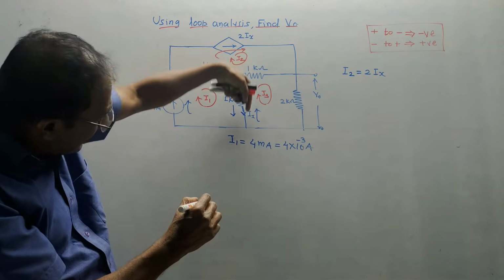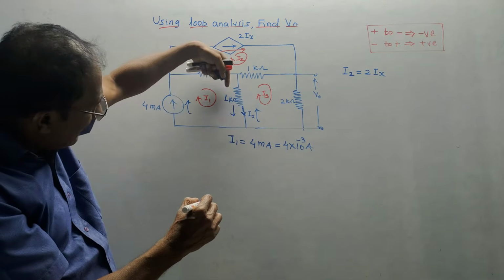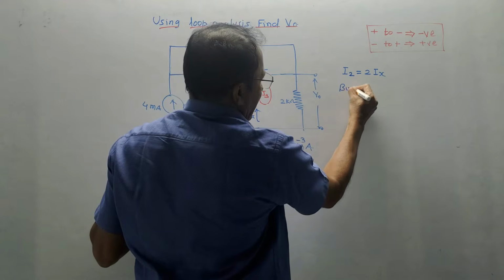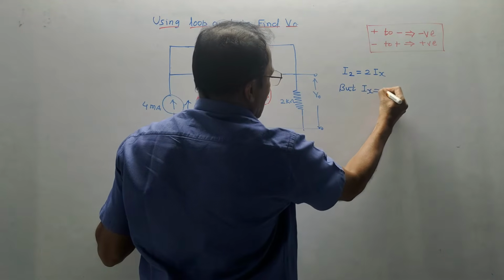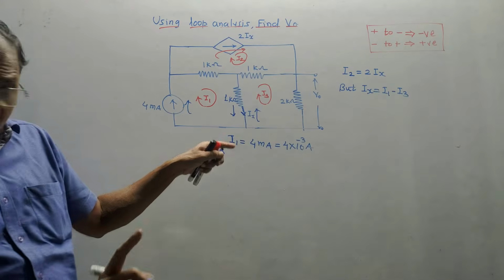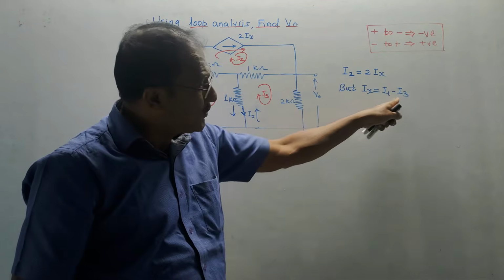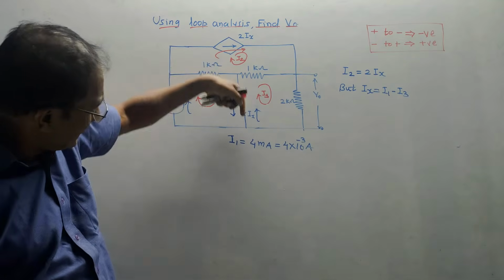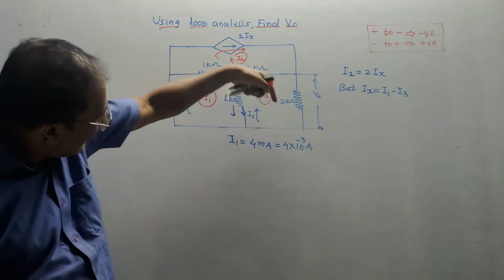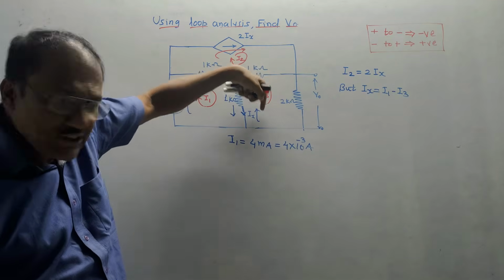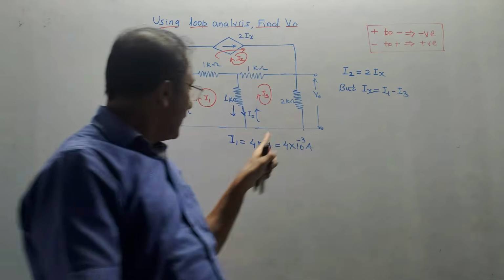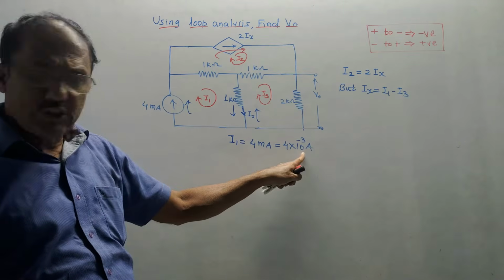Since Ix is marked in the downward direction and I1 is also in the downward direction, I will write Ix is equal to I1 minus I3. Very simple. What I am doing is expressing Ix in terms of I1 and I3. Ix is downward, I1 is again downward through this branch where Ix is marked, and I3 is in the opposite direction, that is, upward. So Ix is I1 minus I3, where we know the value of I1 is 4 into 10 raised to minus 3.